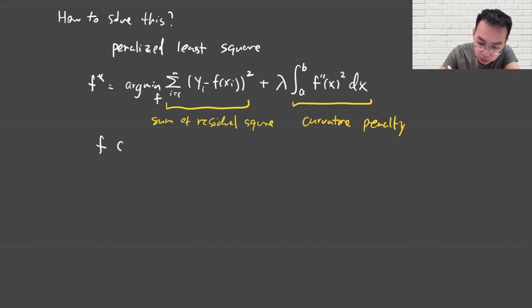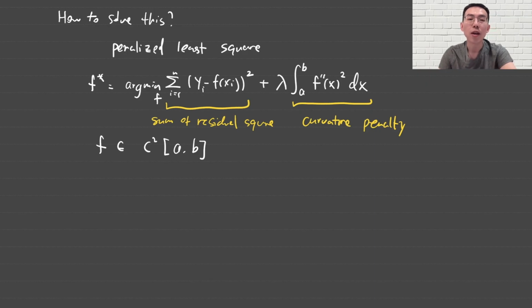This is called the C2 space. C2 simply means that the function is twice differentiable, meaning that the second derivative of the function is continuous. This is a huge space because it contains a whole bunch of functions, like our spline functions, the polynomial functions we have, and basically all the functions we know: the sine function, the cosine function, and many more. That's a really large space.